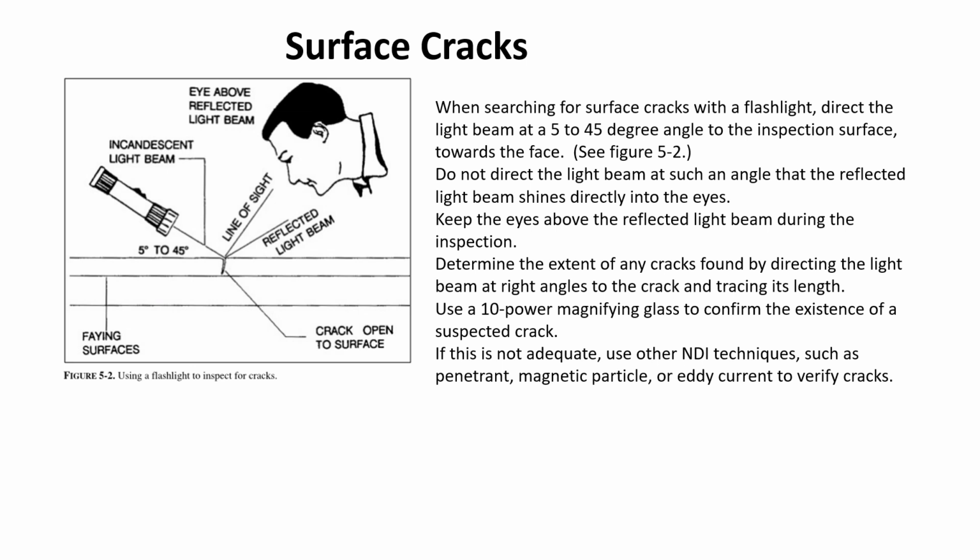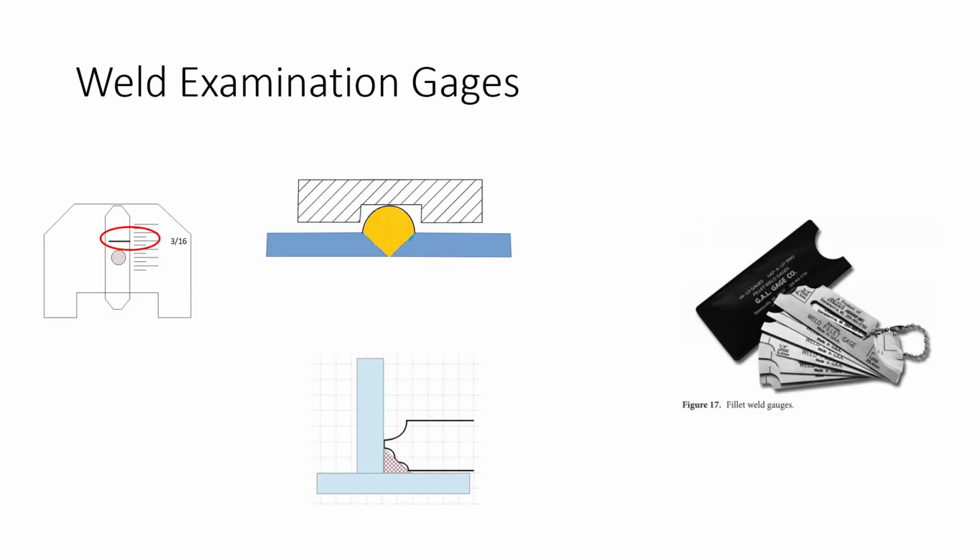So if you have a suspected crack, sometimes you need to use other methods that are visual type, but are a little different. We'll get into those. But mag particle and penetrant are just variations of visual testing, and they've got some strengths and weaknesses in regard to finding surface defects that are open to the surface.